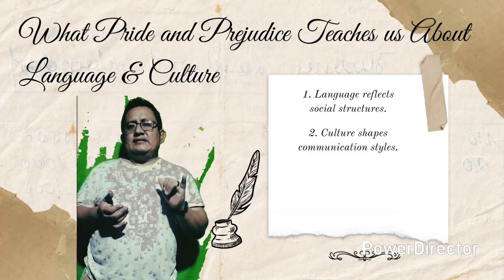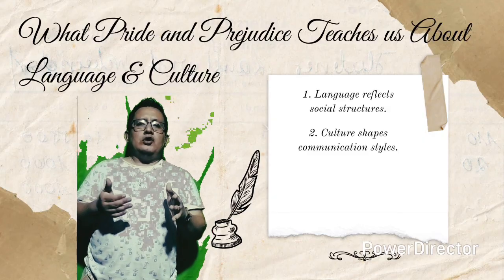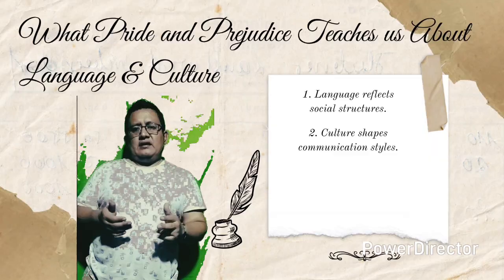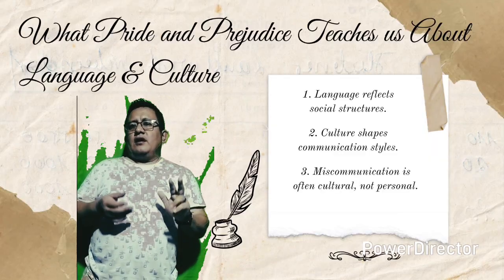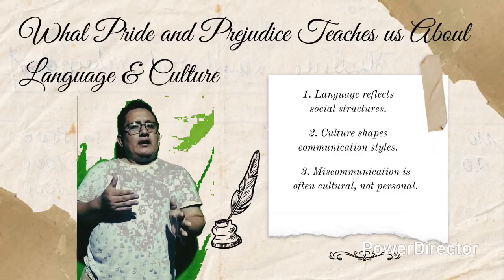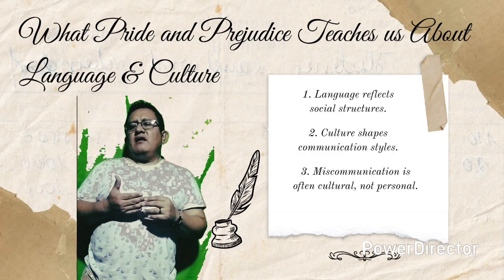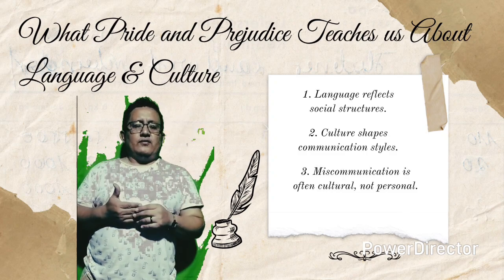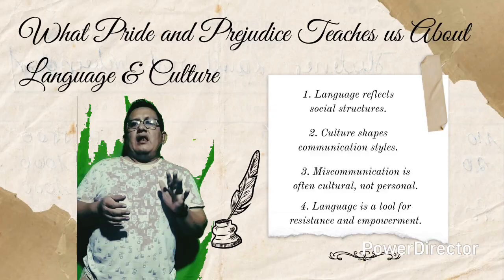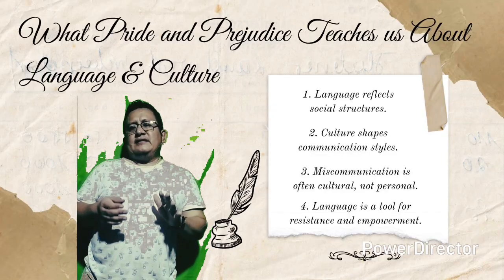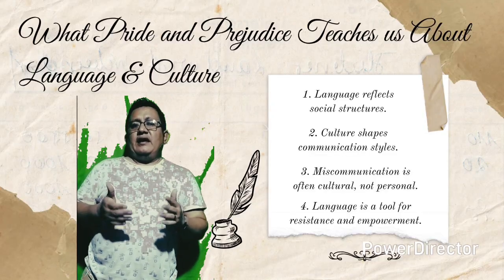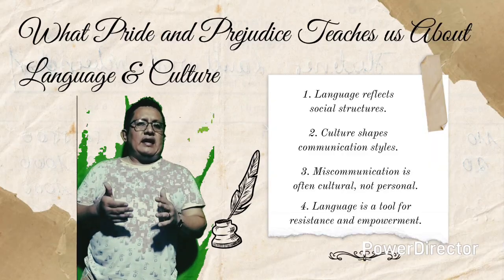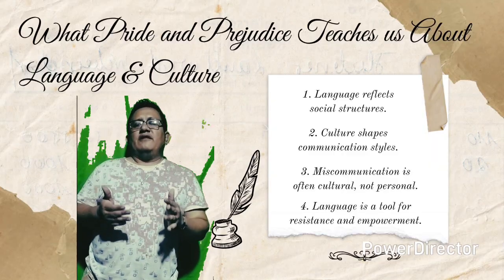Indirectness, politeness, and restraint are cultural norms that guide how characters interact. Third, miscommunication is often cultural, not personal. Many conflicts come from misinterpreted linguistic cues. And fourth, language is a tool for resistance and empowerment. Elizabeth uses her linguistic intelligence to challenge the norms of her society.